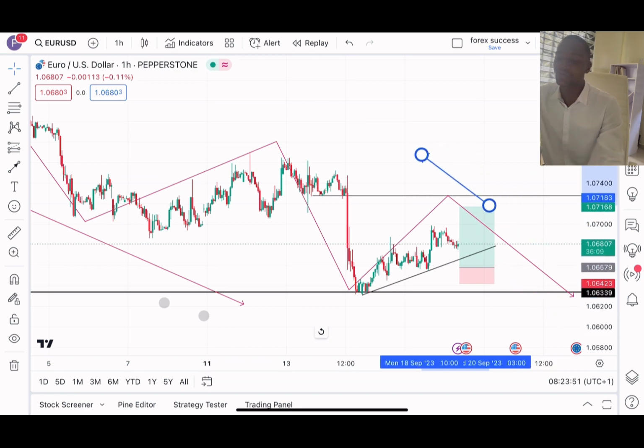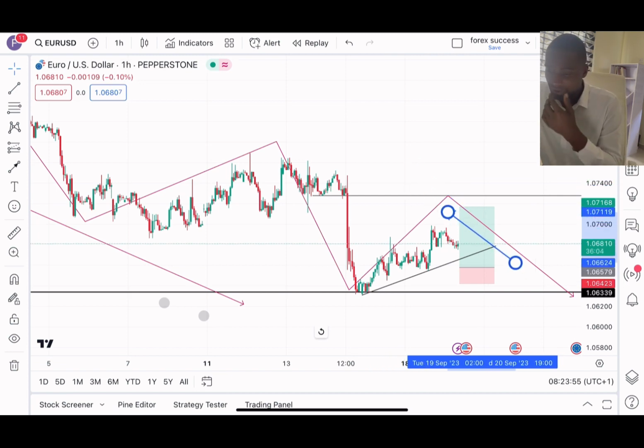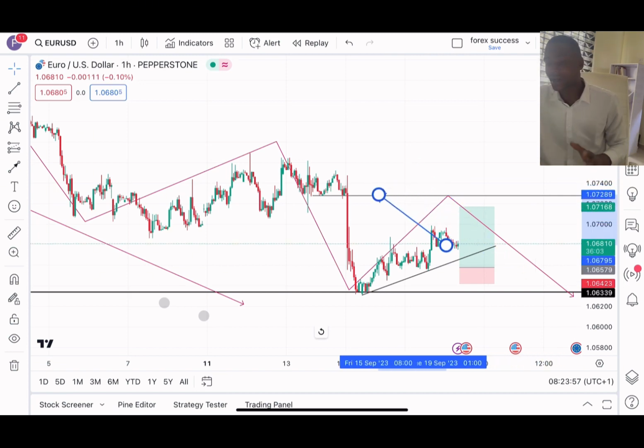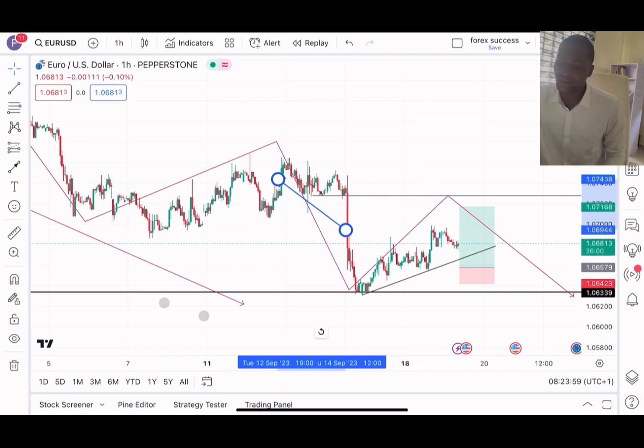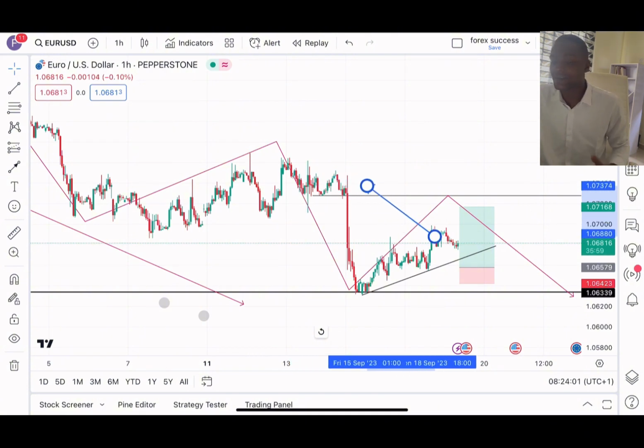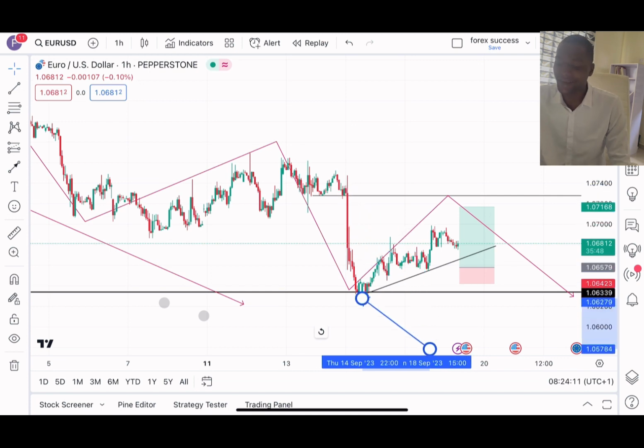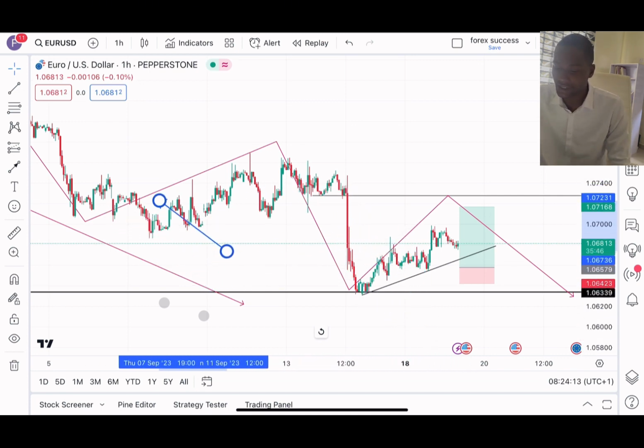And there is something you need to know about impulse move, and this is what you need to understand. When market is retracing, it is usually slower, it takes longer time, and it forms more candles. But when market is actually making an impulsive move, it's faster and it forms fewer candles, just like this. This is a retracement.